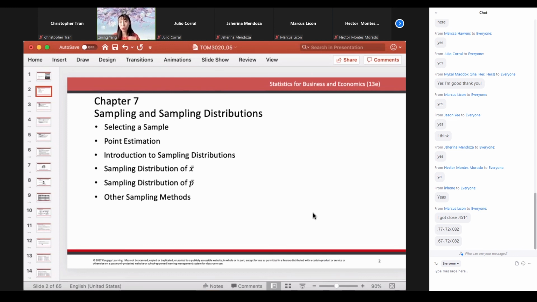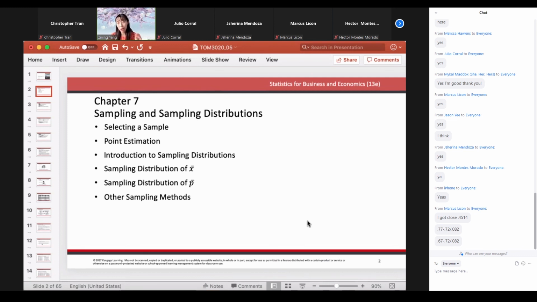This is for you to know. In the future, when you take advanced classes or do a project, you know how to select a sample and put together your data. But for the scope of this class, you don't need to actually do it. All you need to do is skim through and make sure you understand what we're talking about.